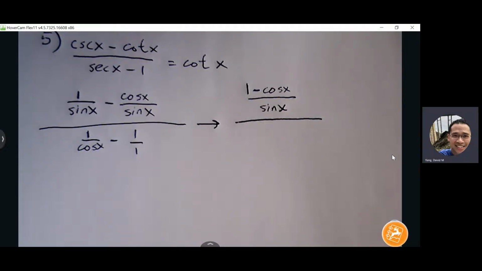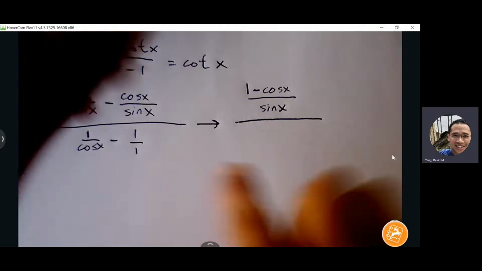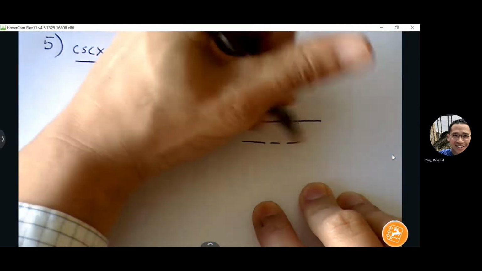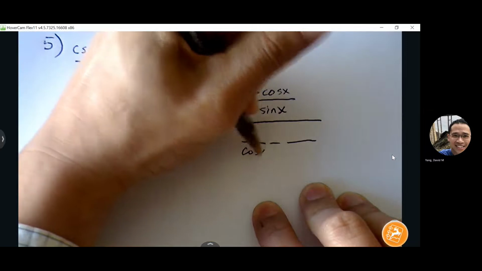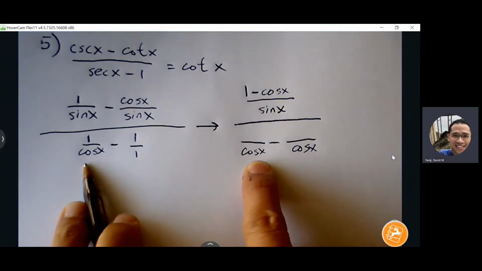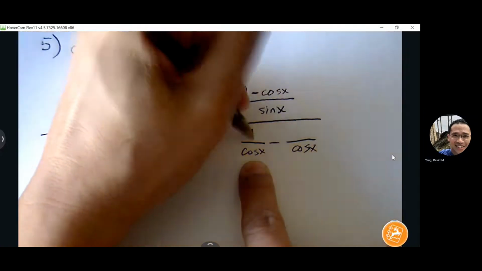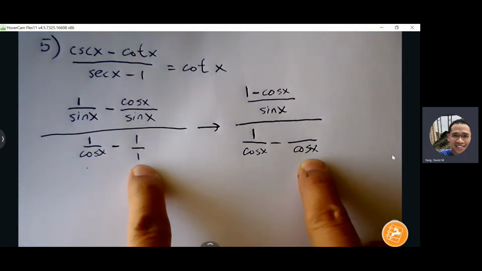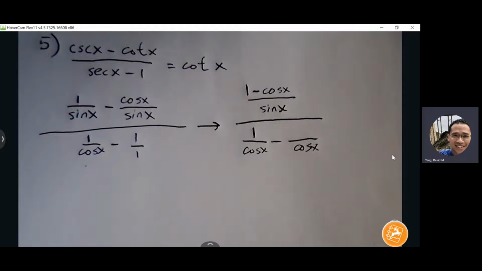It's my common denominator, cosine x, so I need to balance some fractions here. Any adjustment needed here? Nope, keep the 1. Any adjustment needed here? Yes, multiply by cosine x.